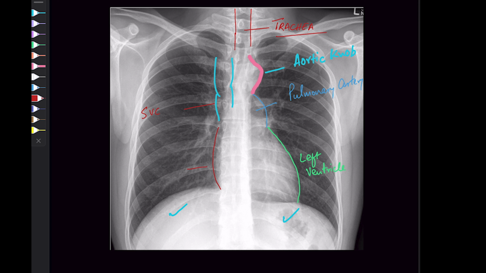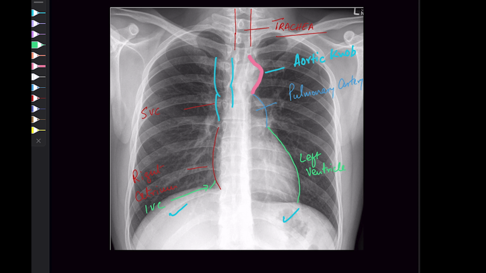That is my right atrium of the heart. Regarding inferior vena cava, if you really are very focused, you may see it here. That is my inferior vena cava. So now these are the structures on the right side. They contribute in making the right border of my heart.